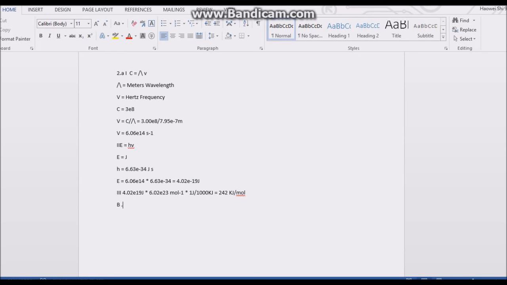So my explanation is that it emits energy, because the electron falls from a higher energy state, which is n equals 6, to a lower one.